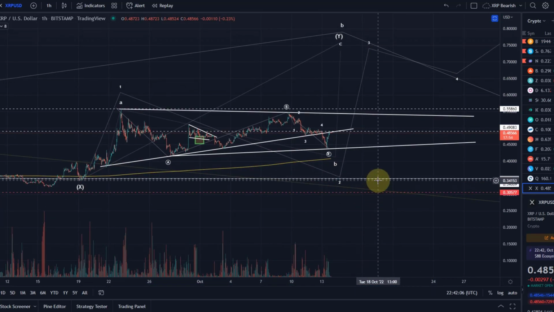So as long as we're holding short term 41.5 cents, but really the 38 cent level, I think we can focus on higher, short term at least.